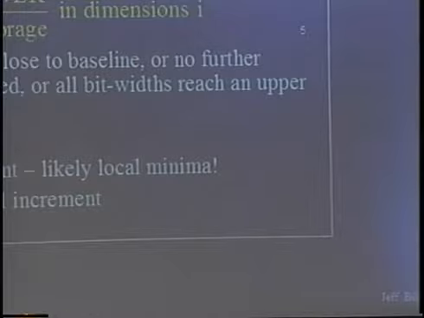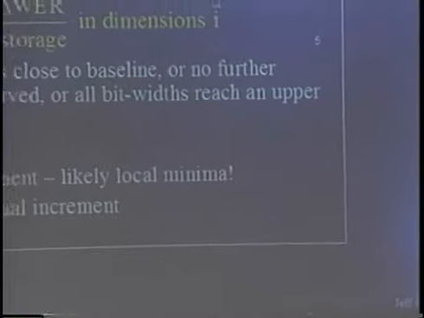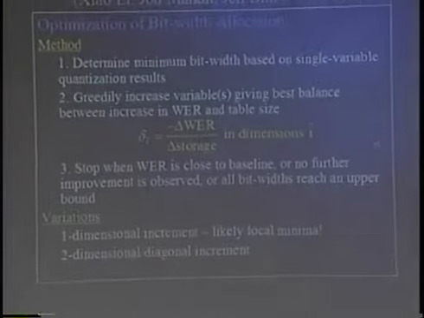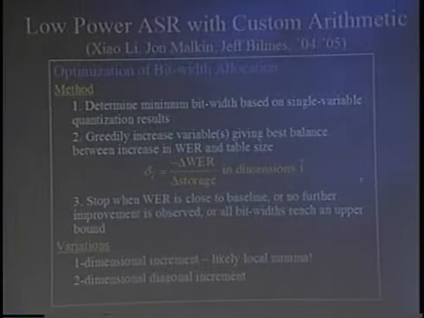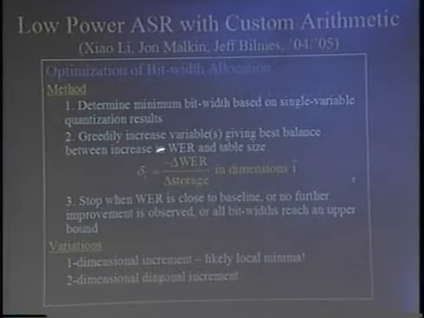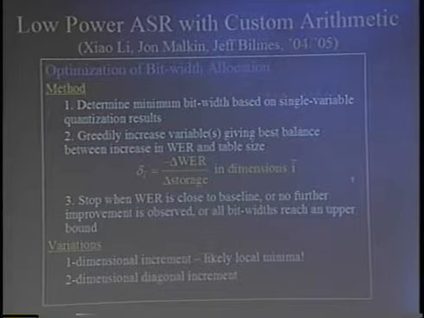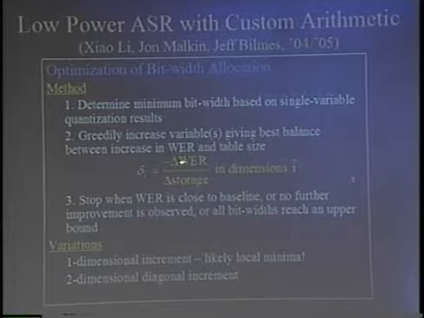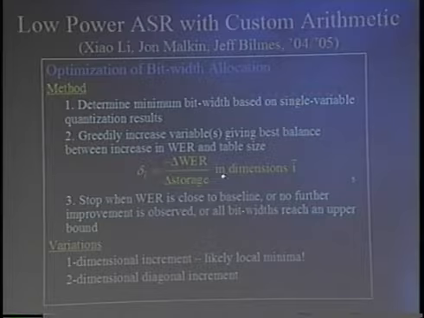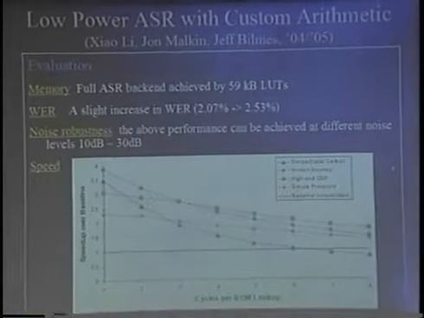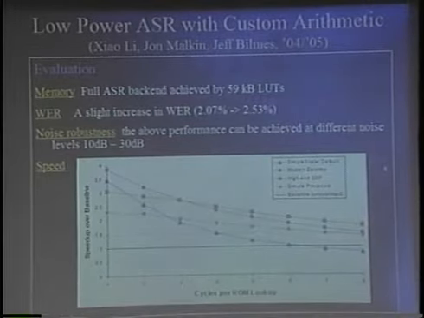And so we implemented all of these things together. We found the best combination of number of bits per parameter, number of bits per operand, and number of bits per operator, using a simple greedy strategy where we estimate a discrete gradient by the difference in word error with respect to the change in final storage it takes to store the entire speech recognition system, and have the following results.